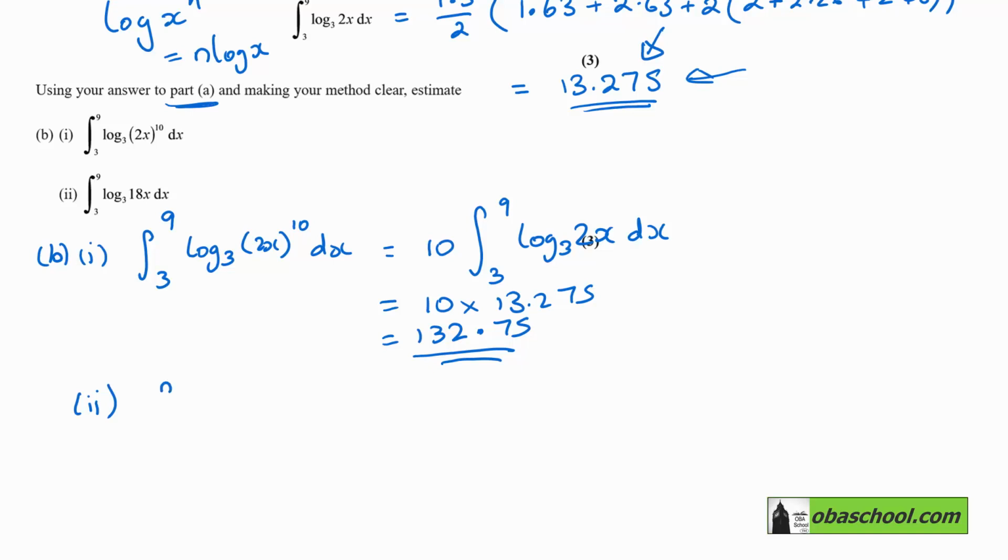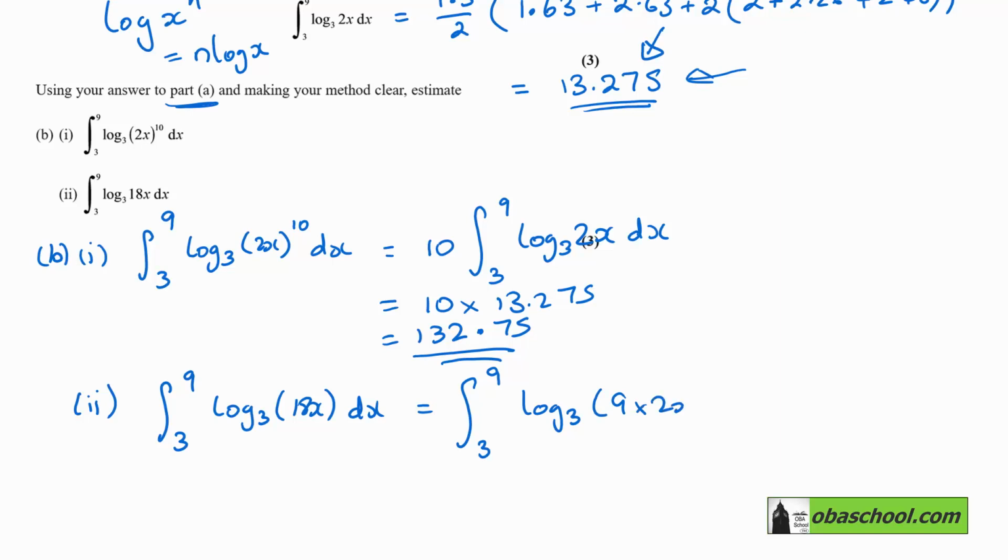So we have the integral 3 to 9 of log to the base 3 of 18x dx. That's the integral from 3 to 9 of log to the base 3 of 9 times 2x. I want to get this down so it's in terms of 2x, just like the original question here and here, so that we can use this answer.